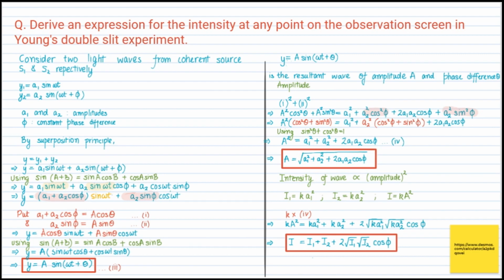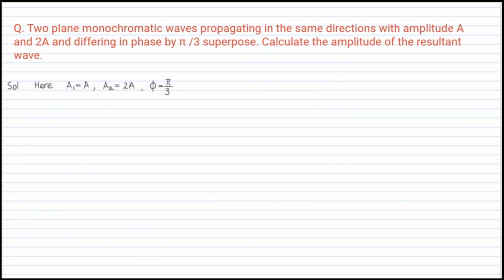So using the same relation here, let me denote the resultant amplitude as AR, which equals the square root of A1 square plus A2 square plus twice A1 A2 cos phi. Now let us substitute the values. A1 is A, A2 is 2A, phi is pi by 3.